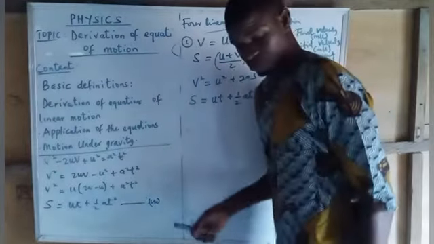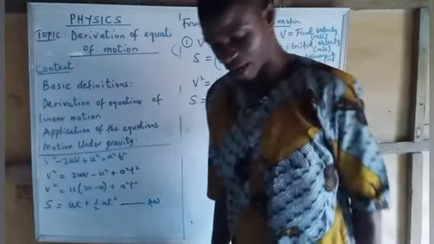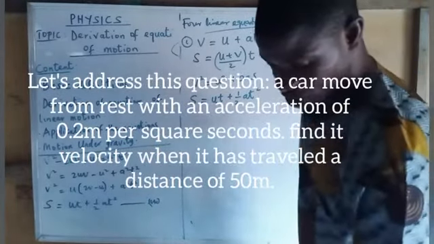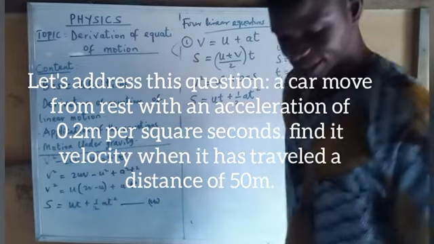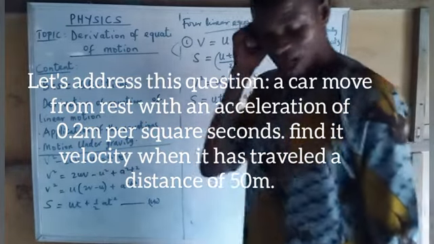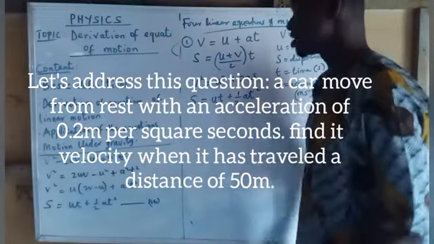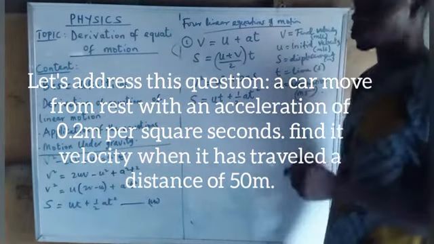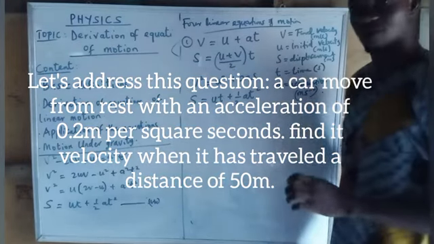For example, let's say a car moves from rest with an acceleration of 0.2 meters per square second. Find its velocity when it has traveled a distance of 50 meters. I repeat again, a car starts from rest and moves with an acceleration of 0.2 meters per second squared.